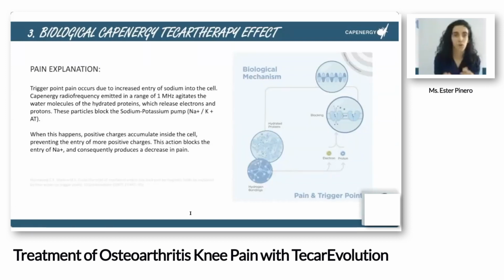With the effect of the radiofrequency, which involves electrons and protons, there is a change in the capacity of the electrons and a change in the sodium we have in the cell. Then, when we block this entry of sodium, the pain is reduced.